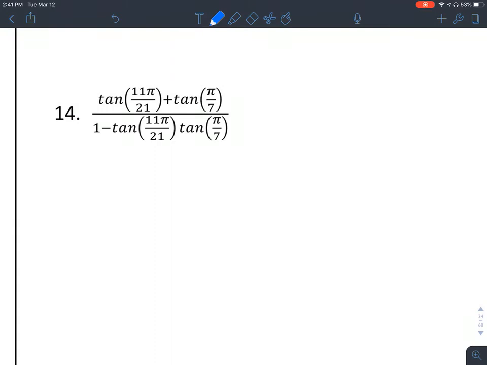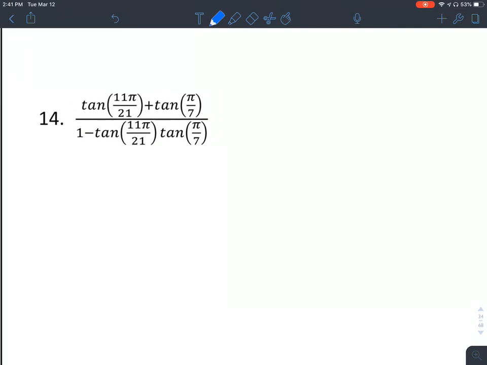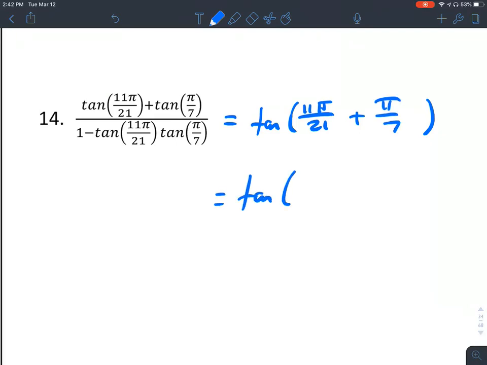Number 14. This looks like the expanded version of the sum identity for tangent, where the angles are 11 pi over 21 and pi over 7. If we get common denominators, we're going to get tangent of 11 pi over 21 plus 3 pi over 21.